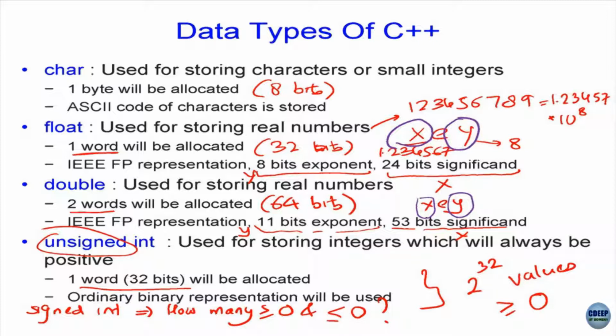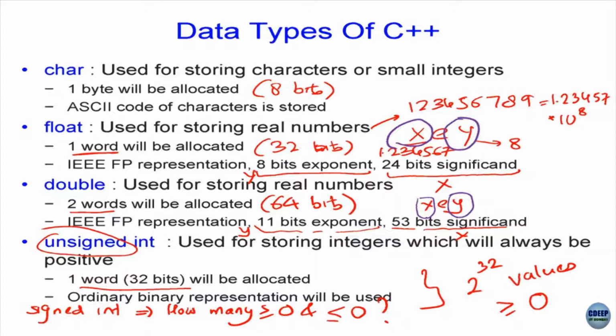And I already made this comment in the last class. Again, we illustrated that for an example, right? 1, 2, 3, 4, 5, 6, 7, 8, 9. We saw that there are 8 bits in the exponent and 24 bits in the significant.